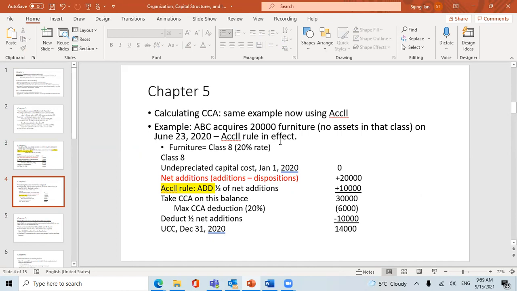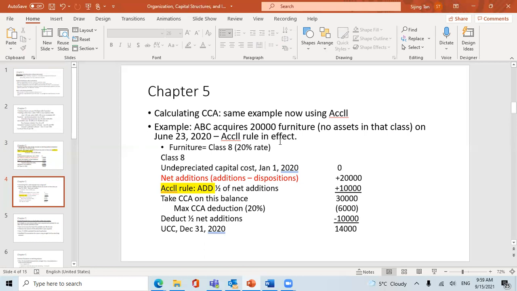So the furniture equals class 8, 20% rate. The same thing, we start with undepreciated capital cost January 1st, 2020 of 0, right? Because it's a new acquisition during 2020. So the net addition will be, again, additions deduct dispositions, equals $20,000.